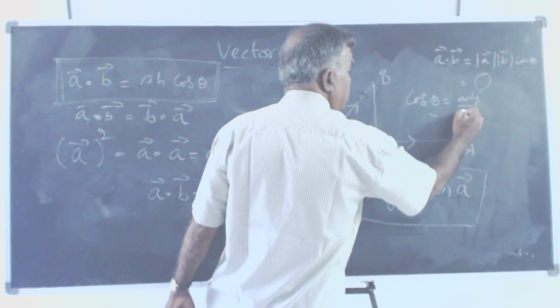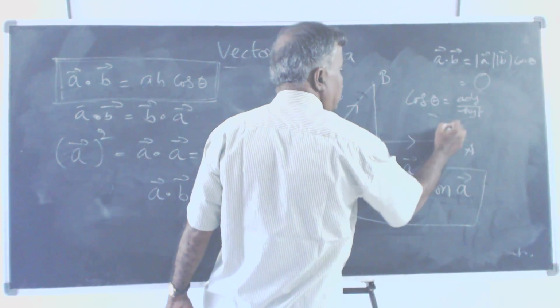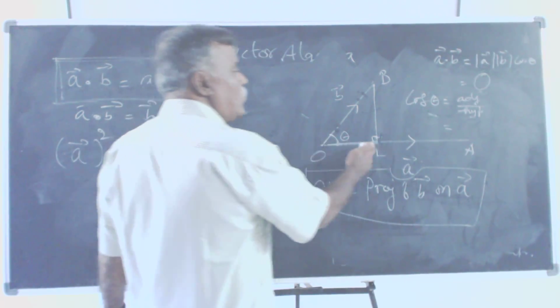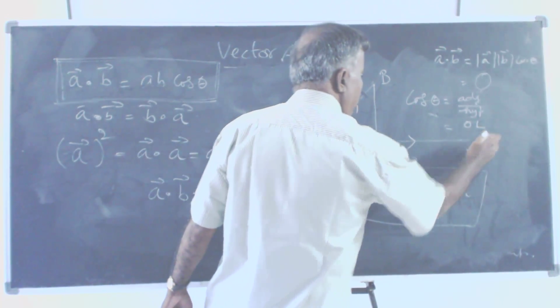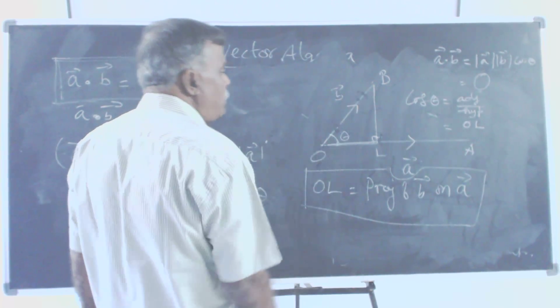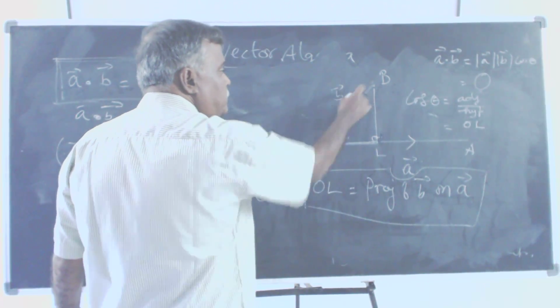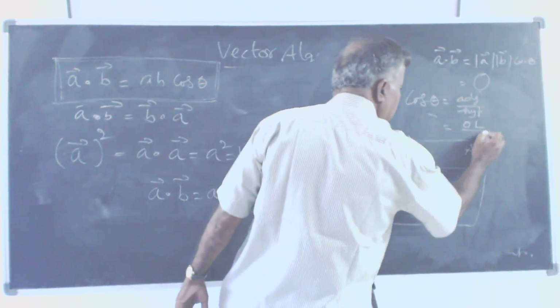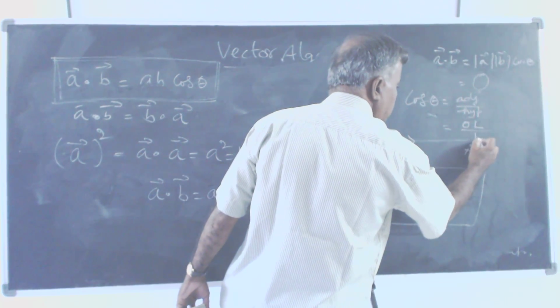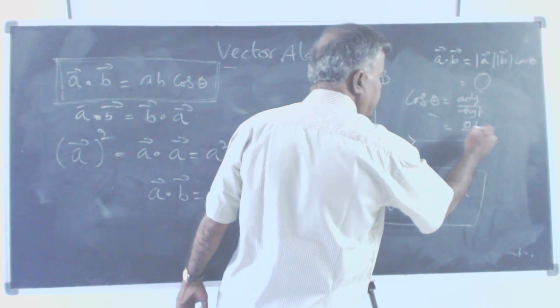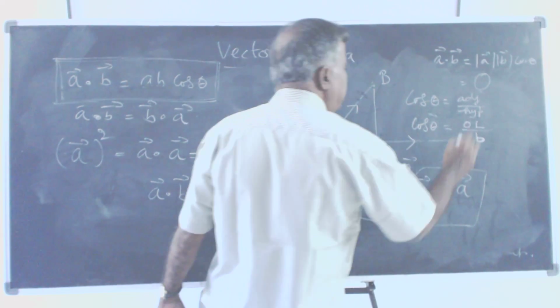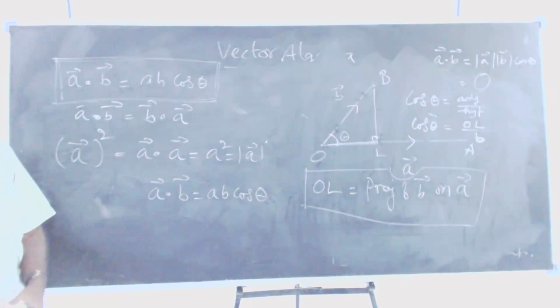Adjacent side by hypotenuse. What is the adjacent side? OL divided by hypotenuse. What is the hypotenuse? The modulus of this B vector, simply B without arrow mark. So cos theta equal to OL by B.